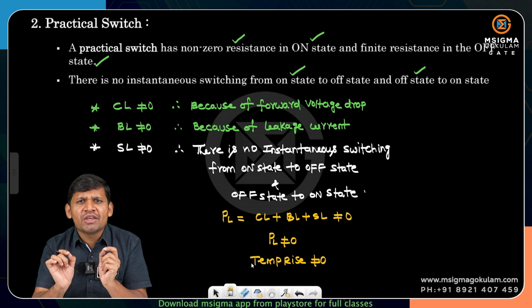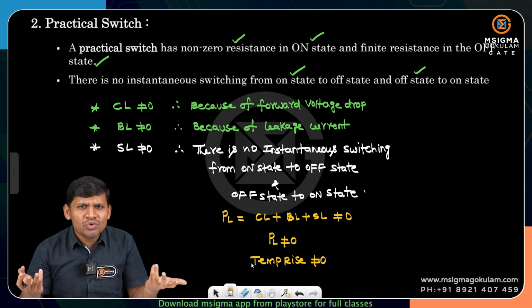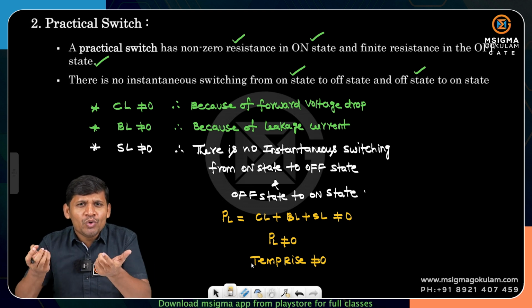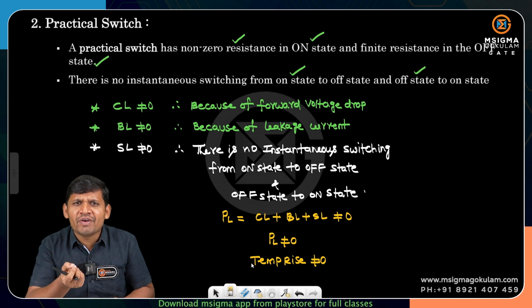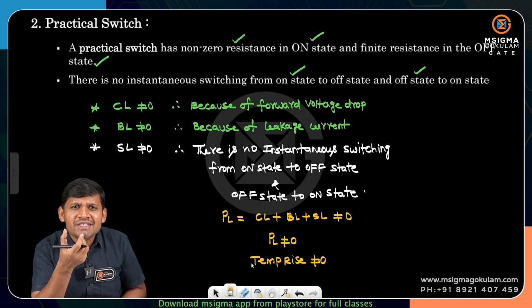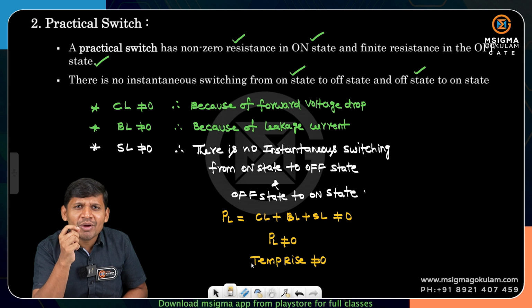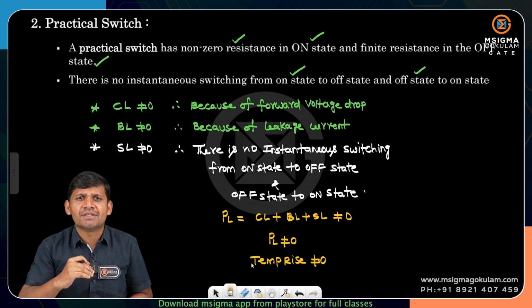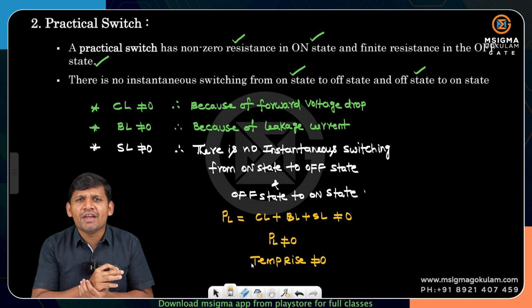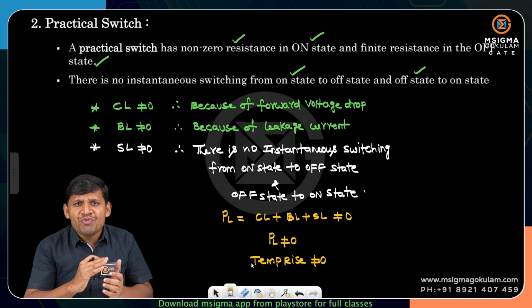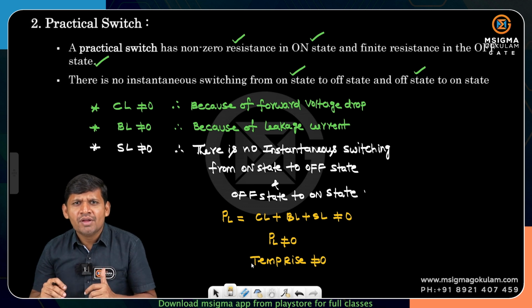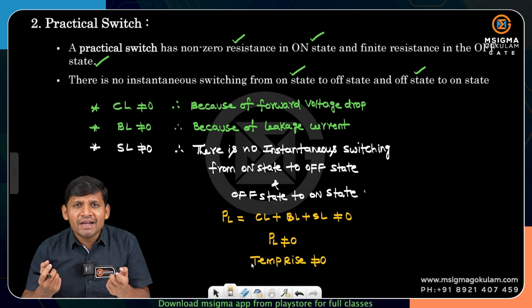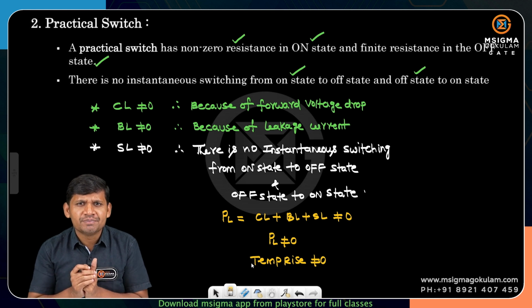I did not give this statement for the ideal switch, because there is no temperature rise. But for any semiconductor device, if you operate beyond the thermal limit, due to high temperature rise the device is permanently damaged.